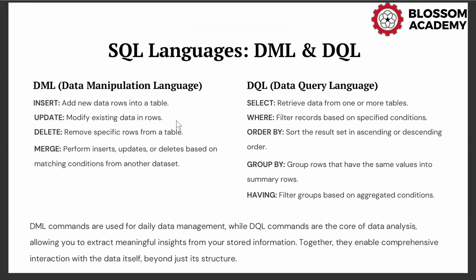So now moving on to the next, you have data manipulation language and data query language. With data manipulation, maybe I want to insert new records, right? If I say I want to add new rows, it means I'm trying to add new records. And updating will mean trying to modify existing data in a row.